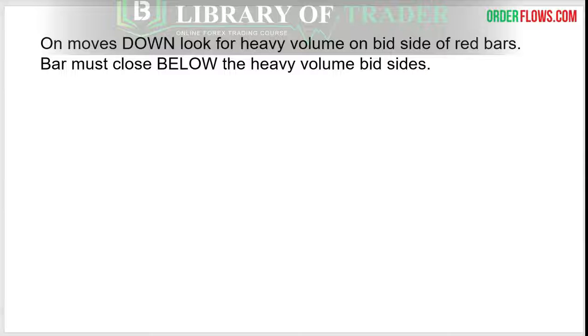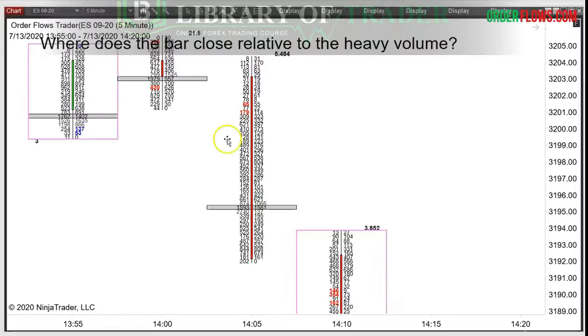Now, on moves down, you see heavy volume on the bid side of red bars. You want the bar to close below the heavy volume bid side, just as, on an up bar, the heavy volume is going to be on the offer side. You want to close above it. So, for example, it's a 5-minute E-mini bar. Heavy volume being traded on the bid side.